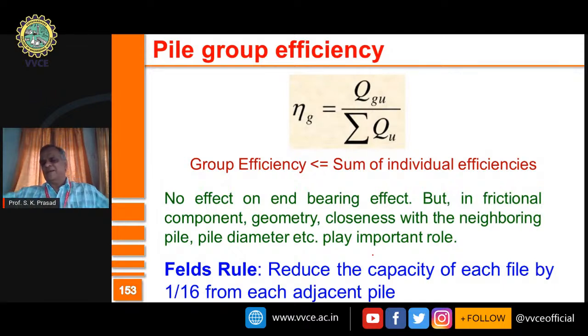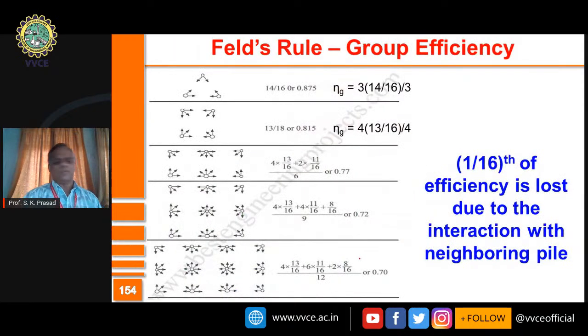When the piles are too far away, maybe don't take this rule. When they are close by, you take this. No other calculation. So, for instance, if it is a 3-pile system, then each of these 3 piles is affected by the neighboring pile.